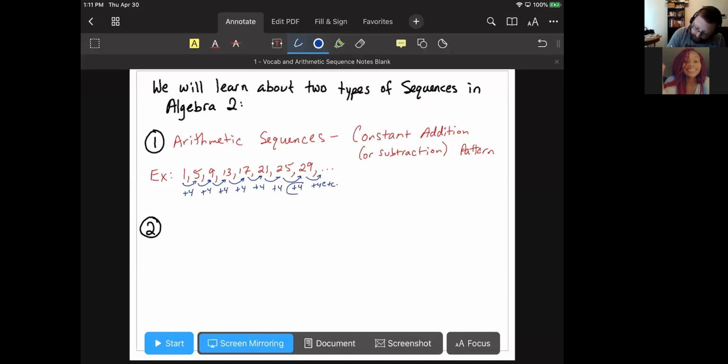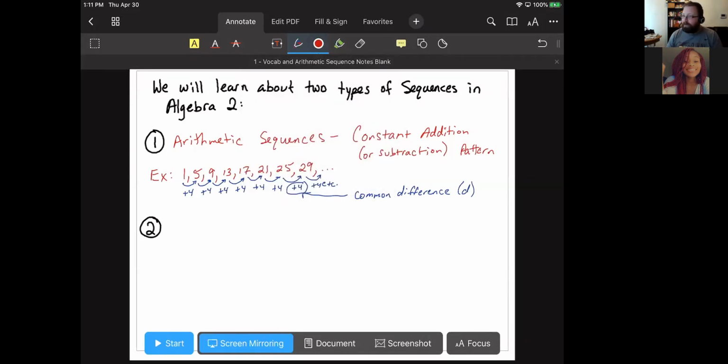That 4 is known as the common difference. We will use the letter D to represent that. Okay? And we'll talk more detail about vocabulary here in a minute once we discuss the other type of sequence.